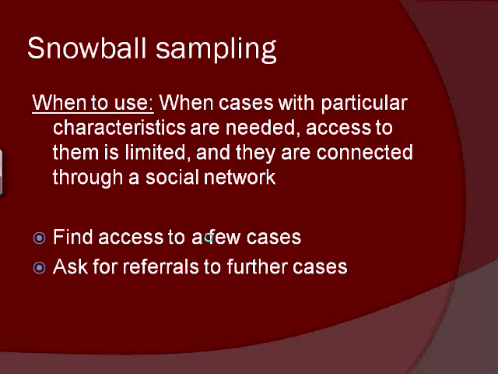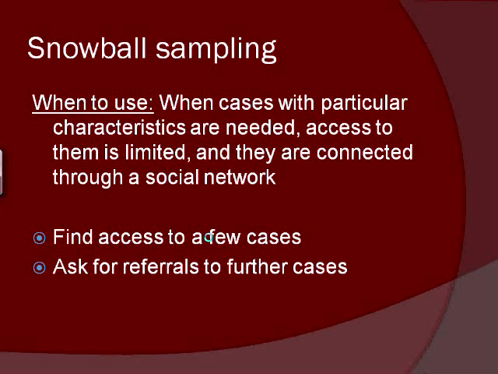But what we know is that oftentimes former prostitutes know other former prostitutes because they are just connected through a social network from work, and so it might be very easy to get referrals to other people like these folks. Another good example of a population that might be hard to get would be families where one person suffers from a particular rare disease.